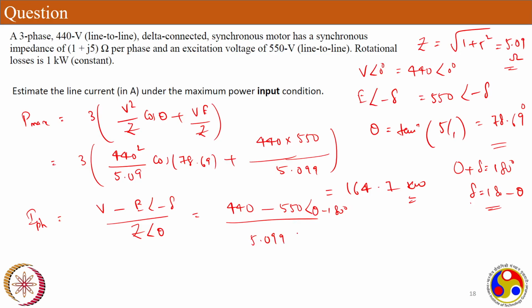Theta would be 78.69. Can someone tell me the answer for phase current? Okay, directly give me the line current itself. Line current would be root 3 times this phase current. How many amps? Substitute theta minus 180, where theta is 78.69. I request everyone to solve the problem.